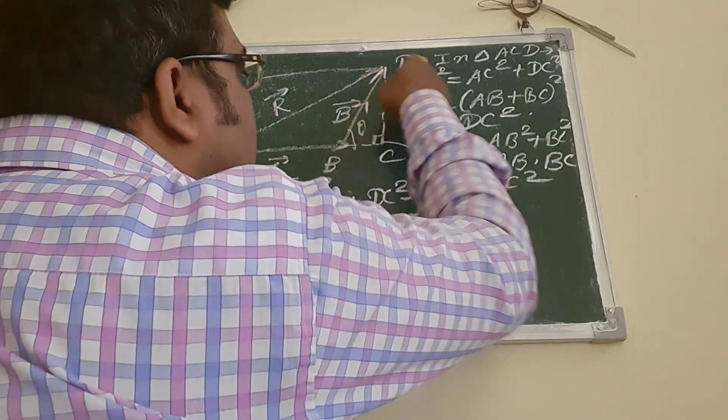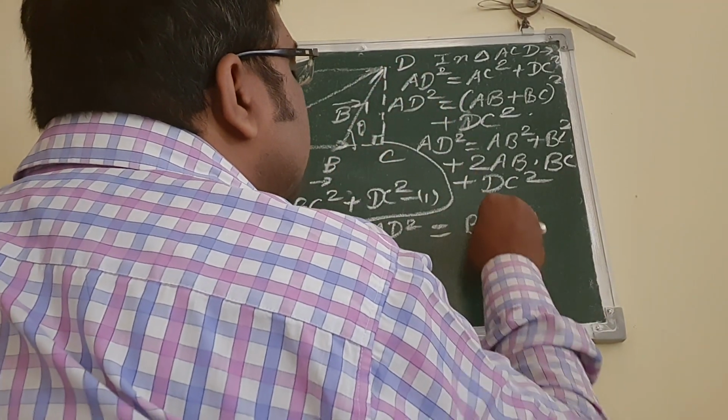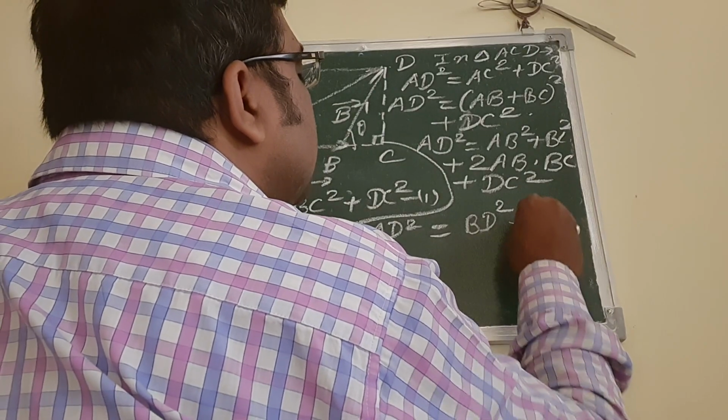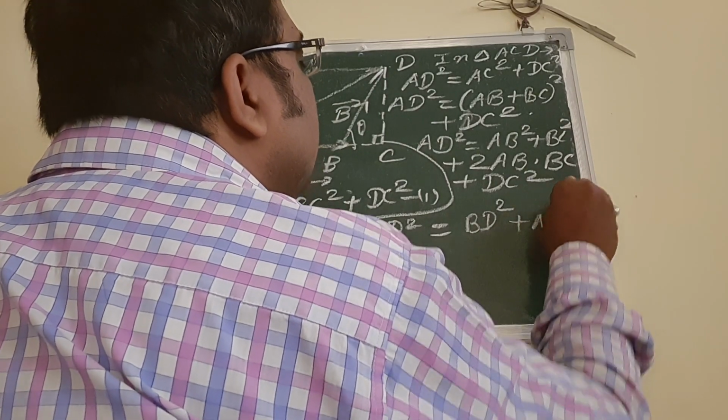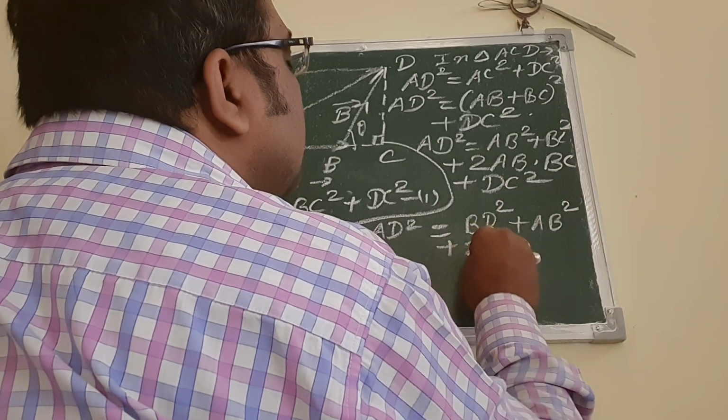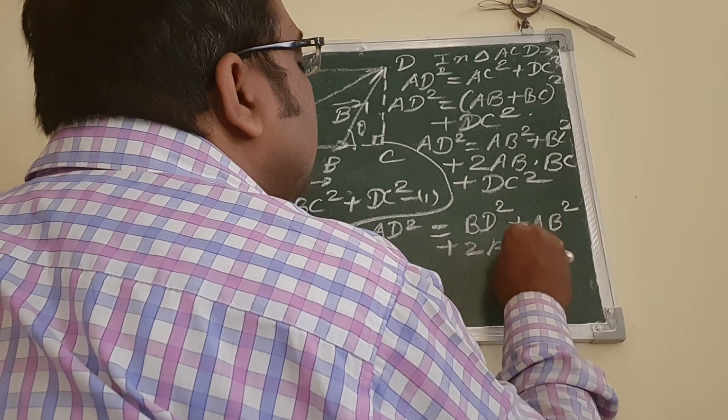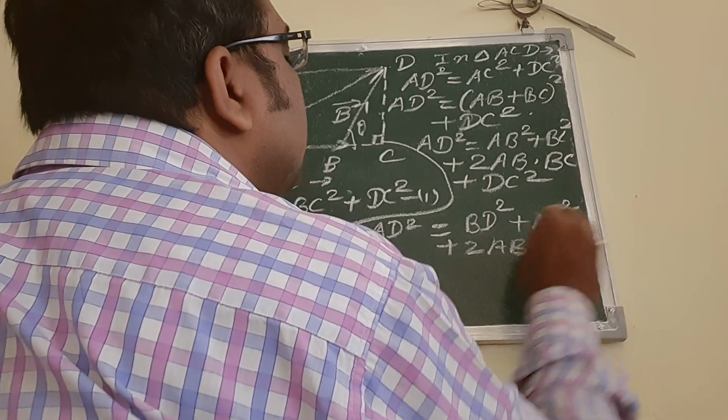They both combine to become BD square. So I'm writing BD square plus AB square plus 2 times AB into BC.